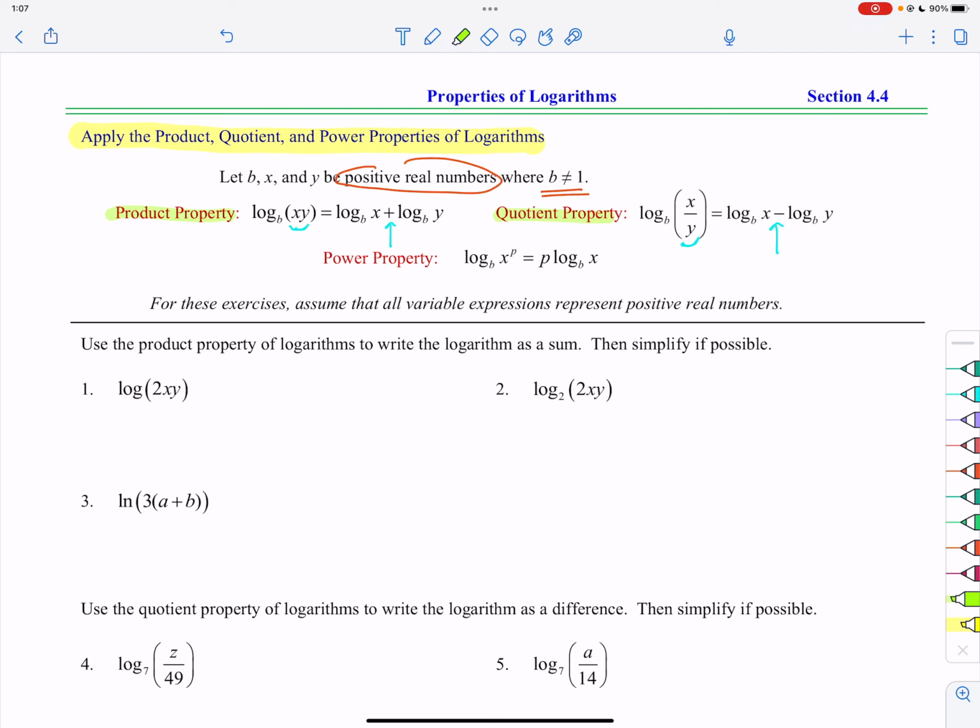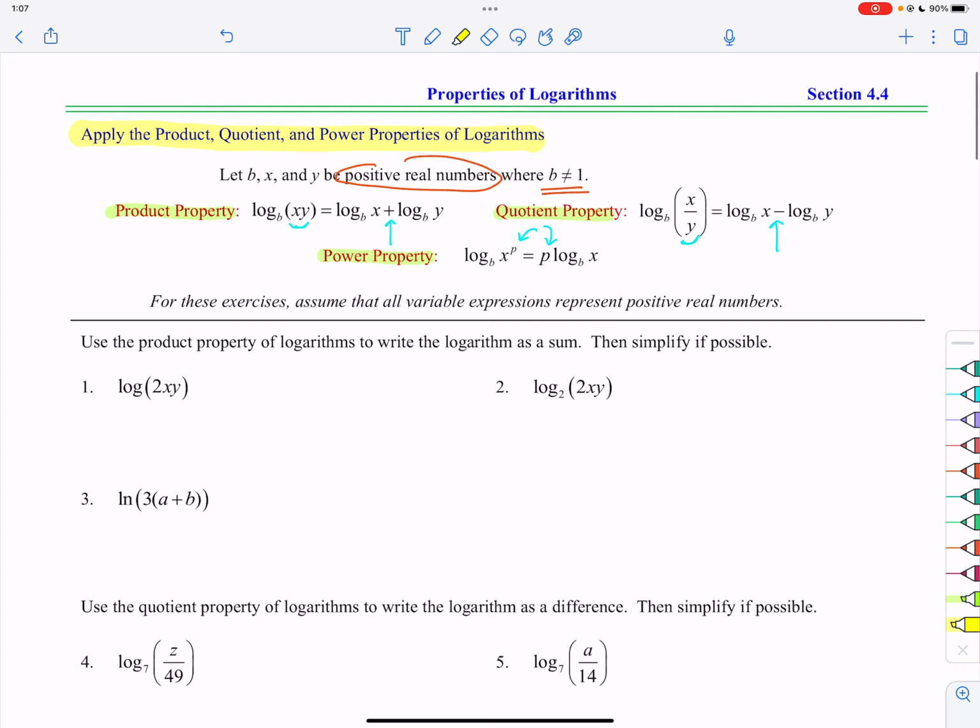And finally, the power property, and here we have the log of x raised to a power, and that power now becomes a coefficient in front of the logarithm. So this power is this coefficient. Let's give this a try.